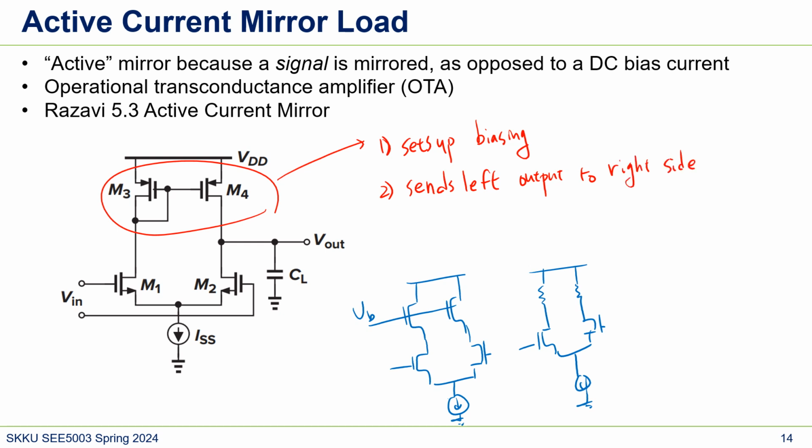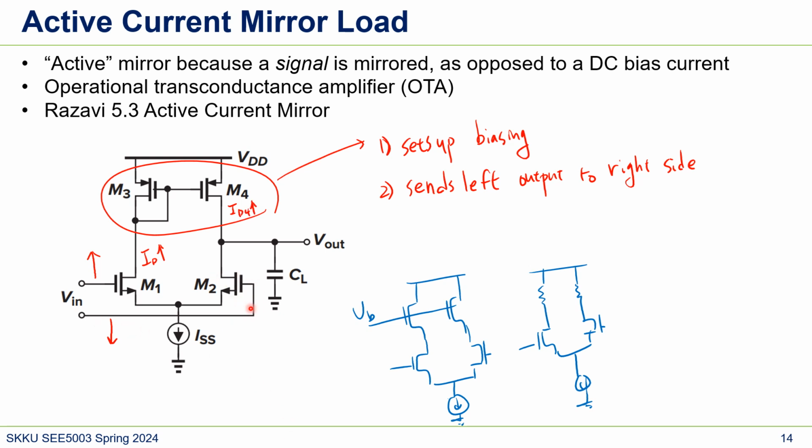So it means that if the input is differential, right? If this input increases and this input decreases, that's differential, right? If one increases, then the other decreases. So if this increases, the current will increase because gm increases. So ID increases, and since there's a mirror, here ID4 also increases.